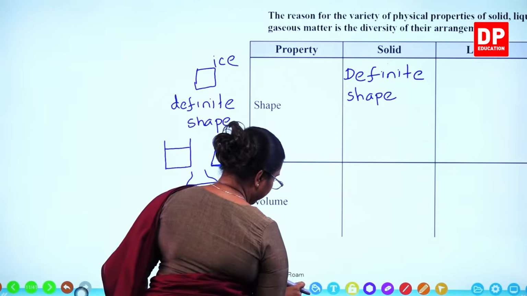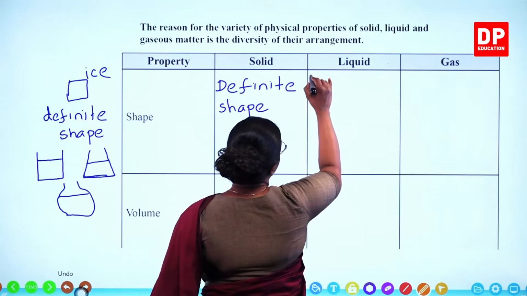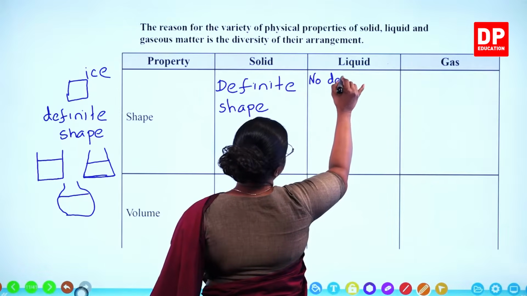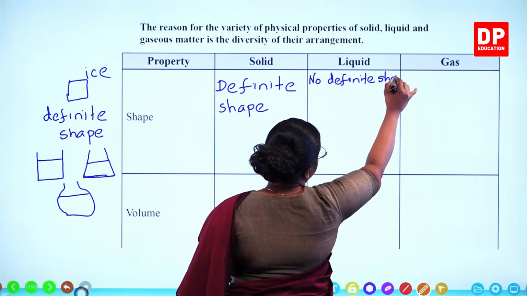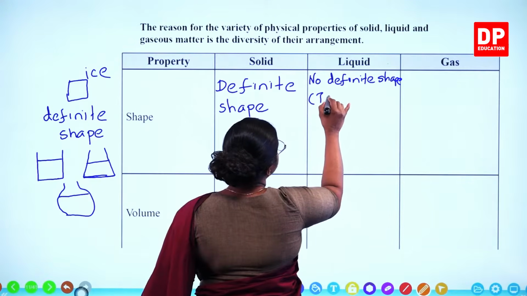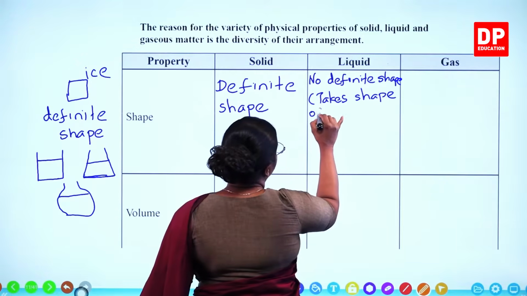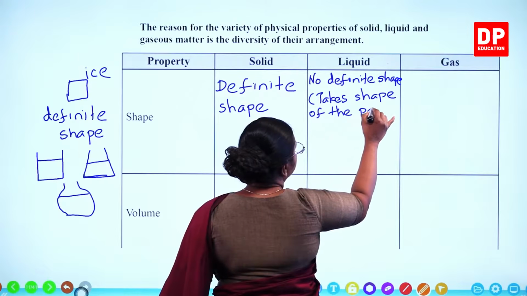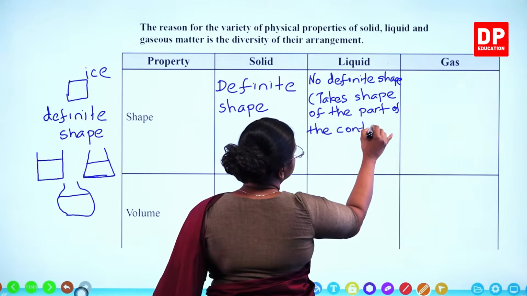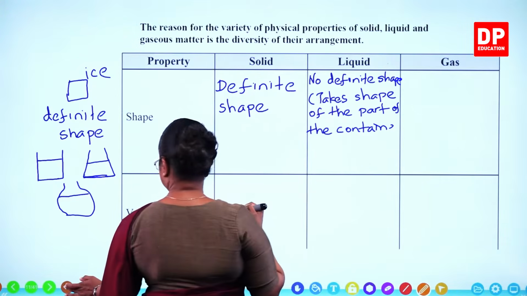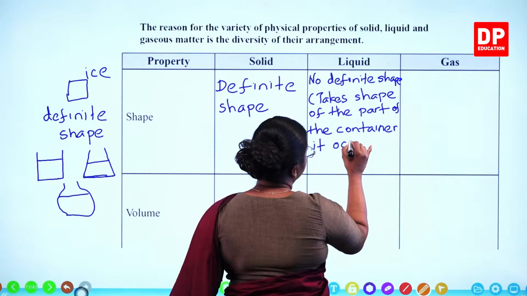So here we can say, so here no definite shape, takes the shape of the part of the container it occupies.